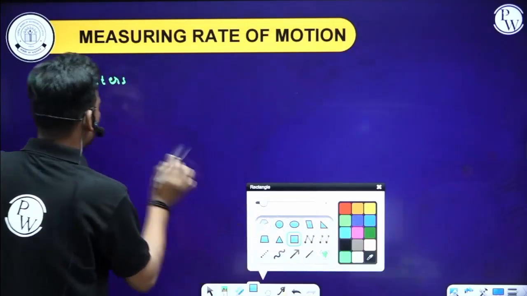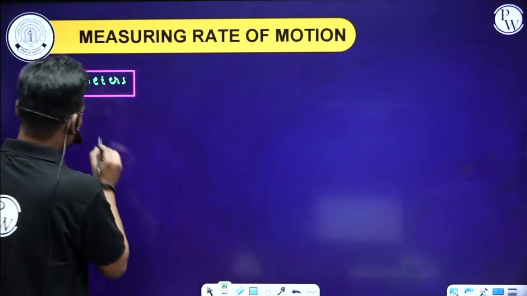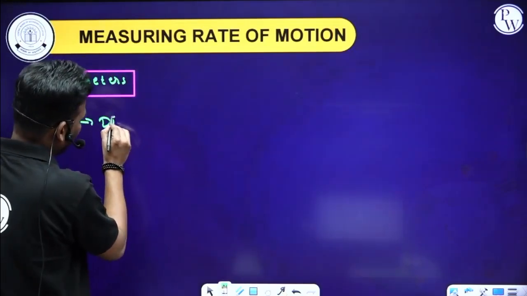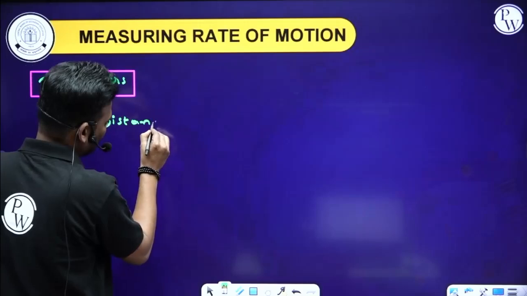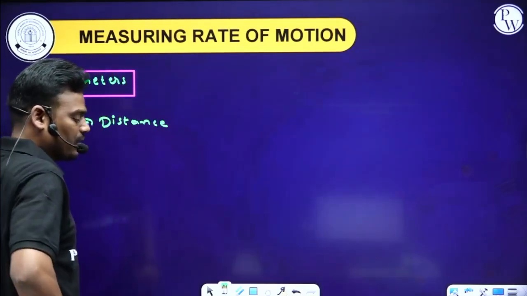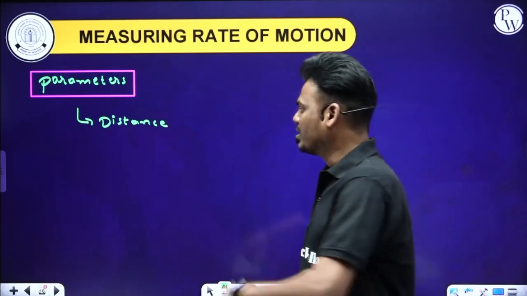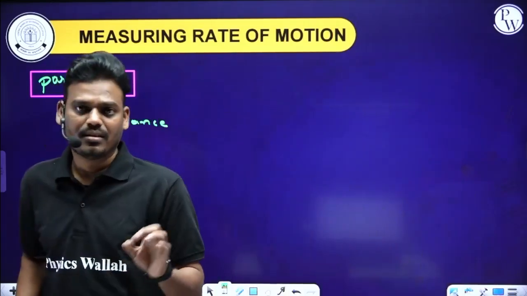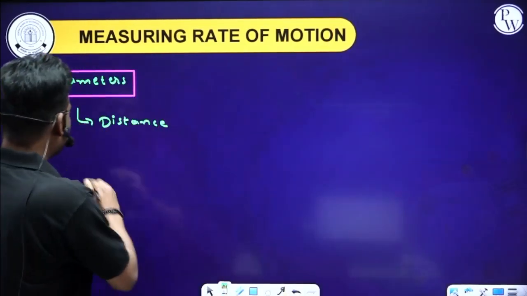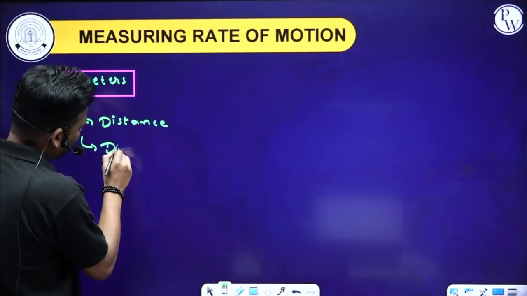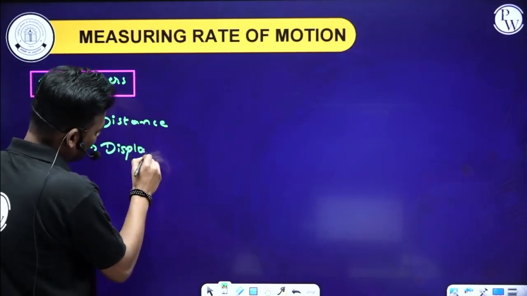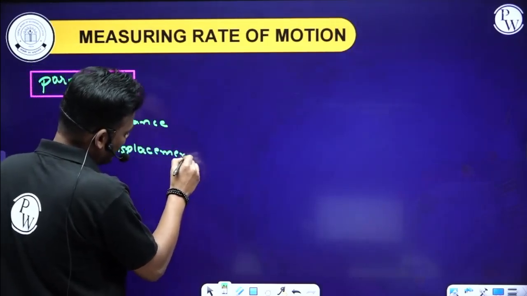What are those parameters? The first one is distance. Already we have discussed: it is the total length of the path covered by the object. And the second one is displacement.